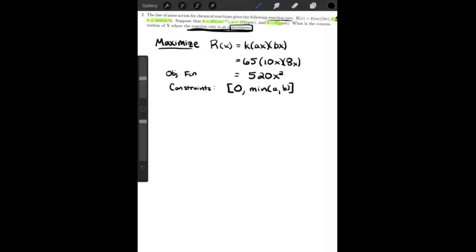But for this problem in specific, we know what a and b are. We know that a is 10 and b is 8. So we know that the interval that we're looking at is 0 to 8.